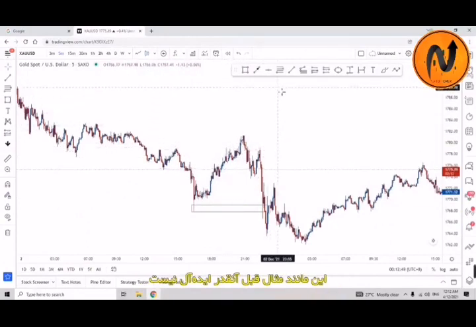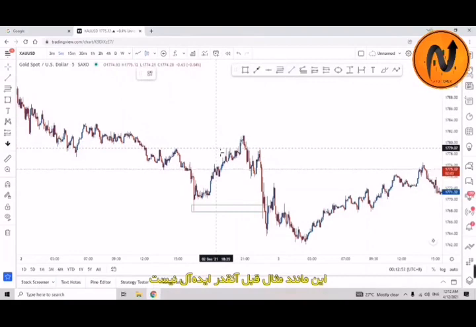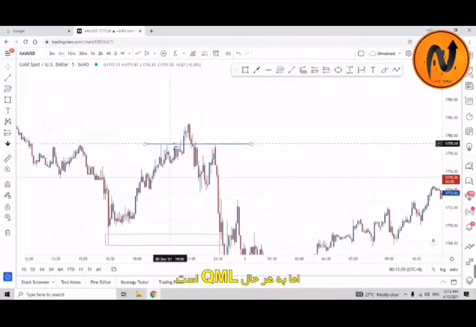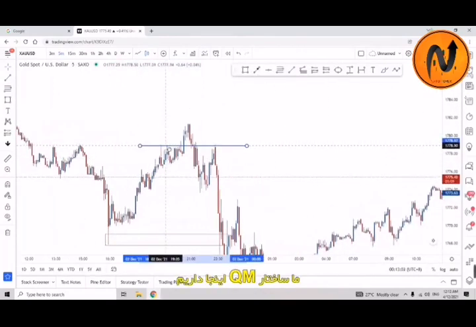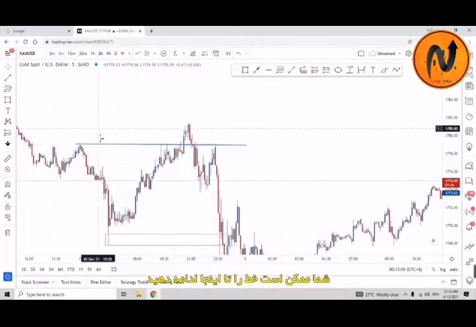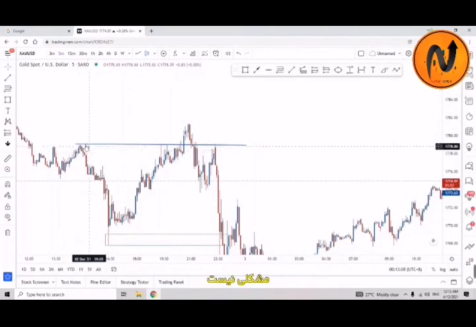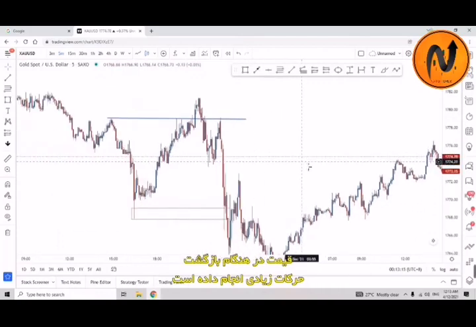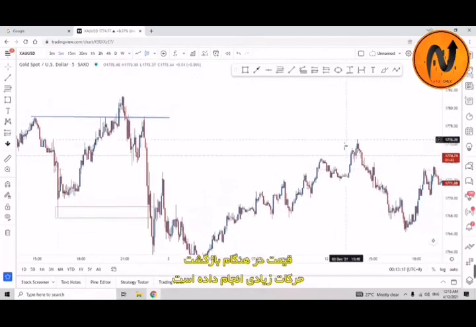It's not really what I would say beautiful. It's not like the previous example, but nevertheless, this is our QML. We have our structure over here, and of course, some of you might extend it to this area. It's okay. So what happened over here is that when the price tends to return, it creates a lot of price action.